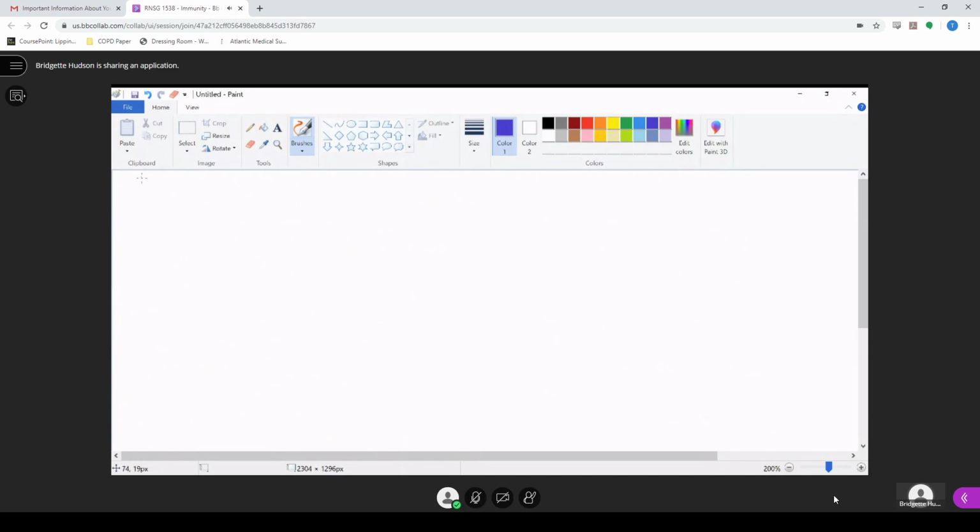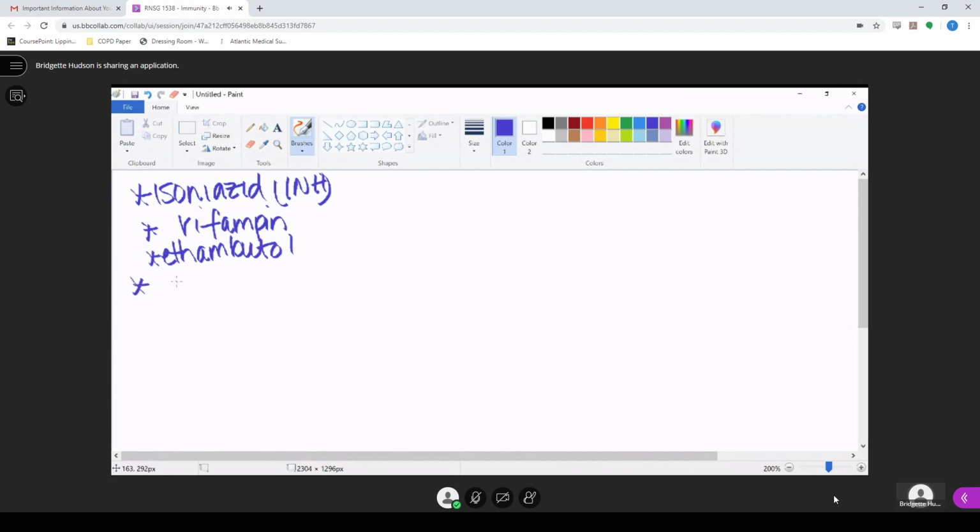The first one would be isoniazid, or INH. And then we have rifampin. And then ethambutol. And the last one would be, I got those transposed.